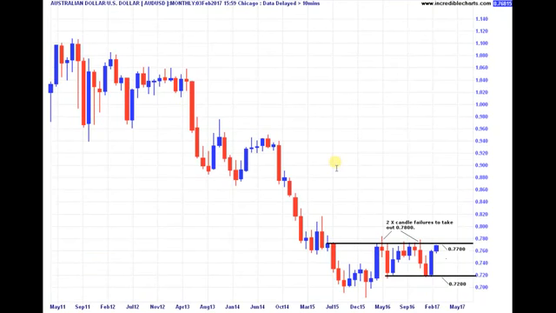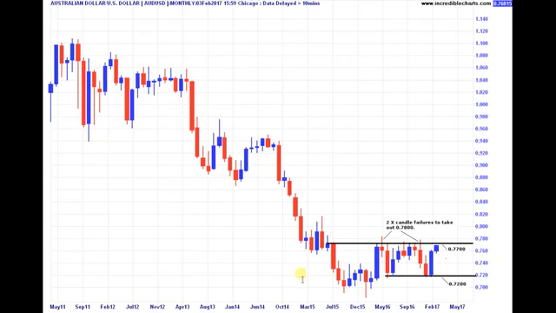Before we look at the net traders positions, I put up the Aussie dollar against the US dollar. I put up a monthly chart just to show what I consider to be the key levels. Now, in terms of Aussie dollar, US dollar, it's been a nice downtrend. Then we have got sideways price action really since July 2015.